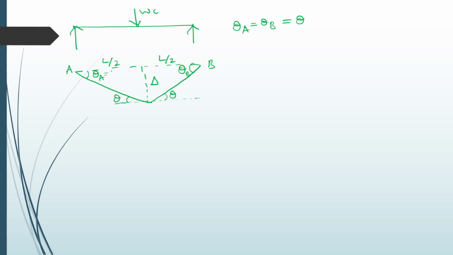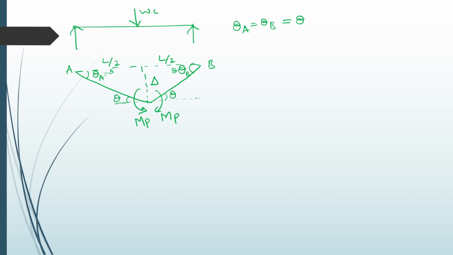Theta A equals theta, theta B equals theta, since opposite angles are equal. Where we have the maximum bending moment, under the point load, we get the plastic hinges. So I write the plastic hinges, Mp theta and Mp theta.